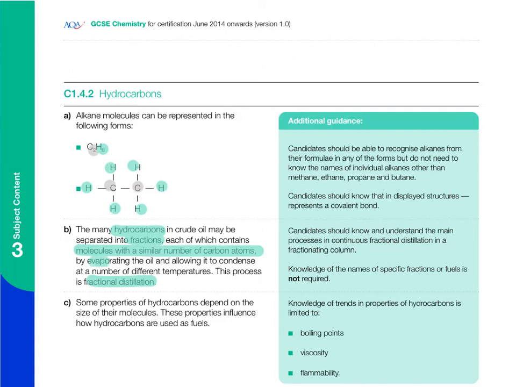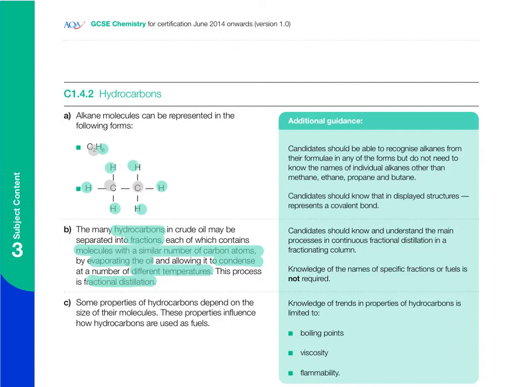So if you evaporate your crude oil, go from a liquid to a gas, and then let it cool down and condense, go from a gas to a liquid again, and you do that at a lot of different temperatures, then you'll be able to separate out the fractions, those groups of molecules with similar numbers of carbons.